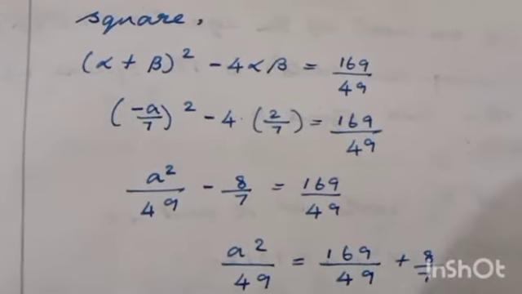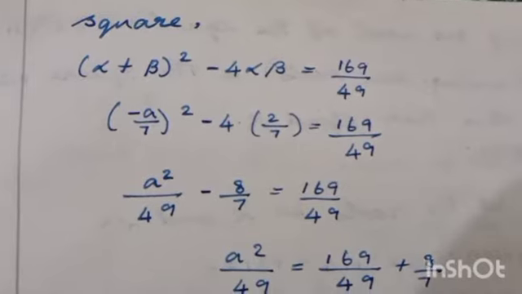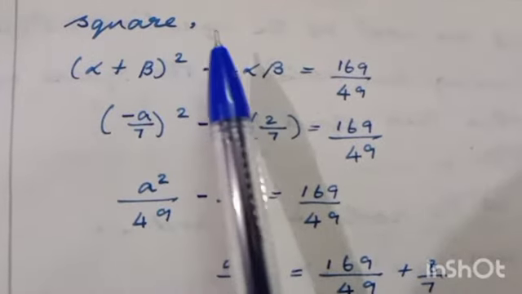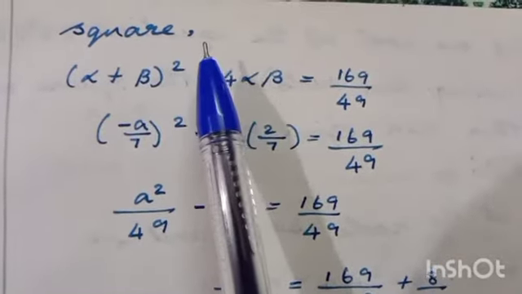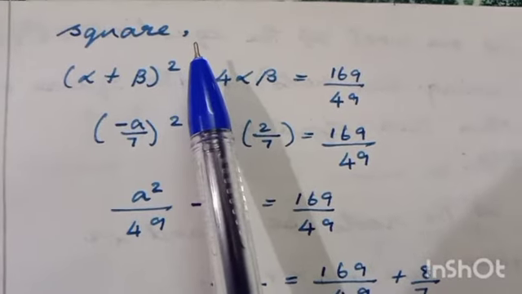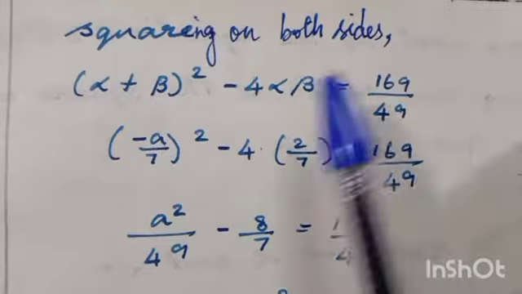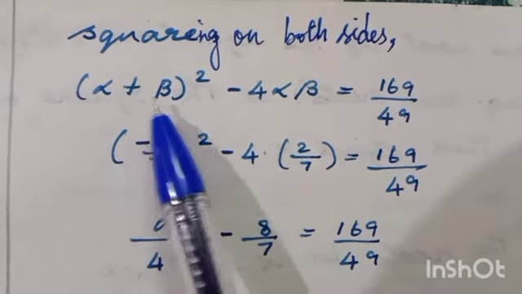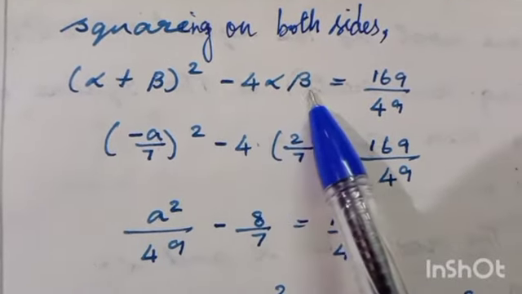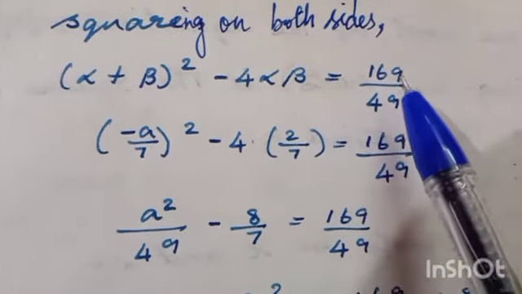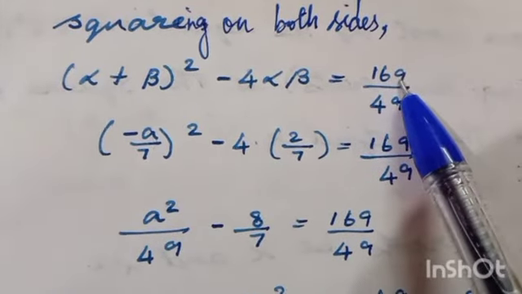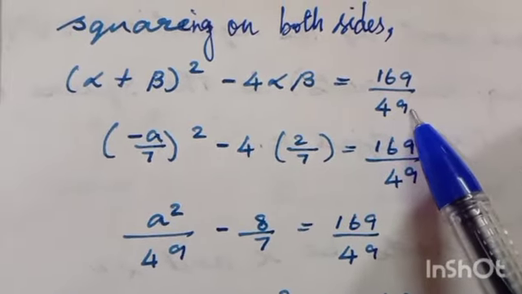We have a square root, so we have to remove the square root. Squaring on both sides, so the square root is removed. So alpha plus beta whole square minus 4 alpha beta is equal to 13 square, which is 169, over 7 square, which is 49.